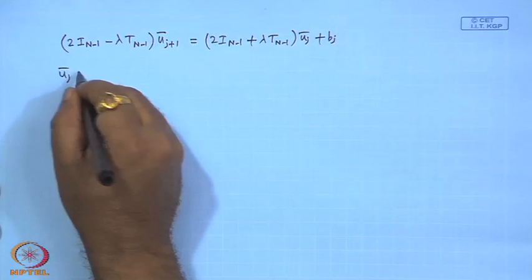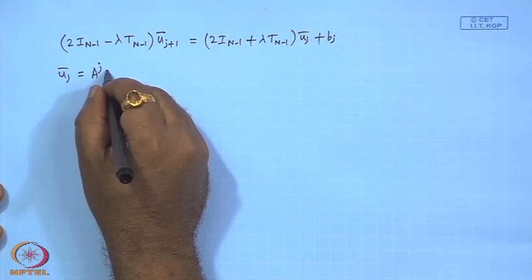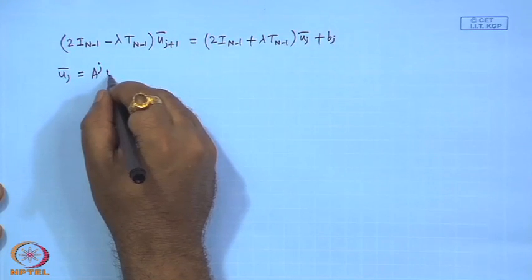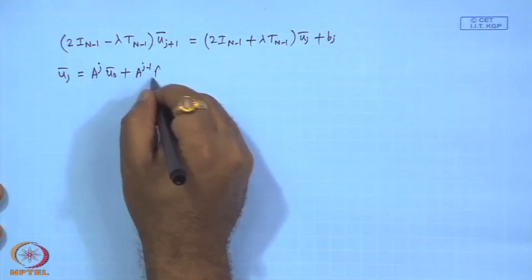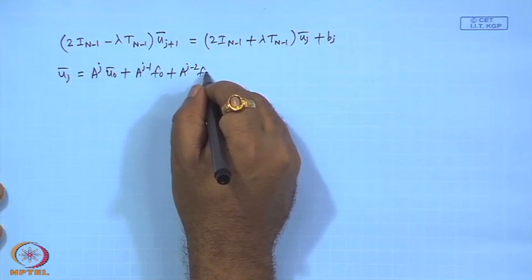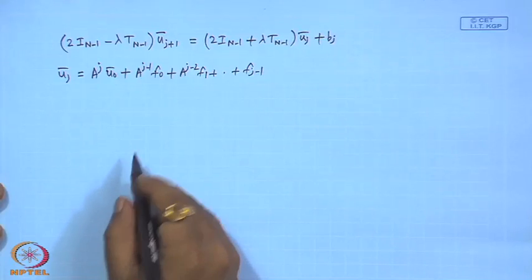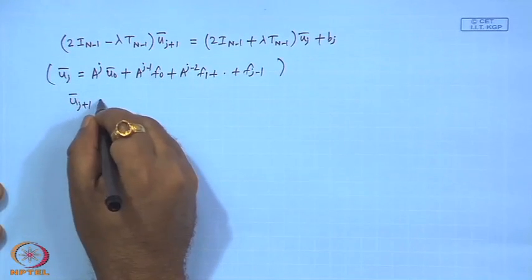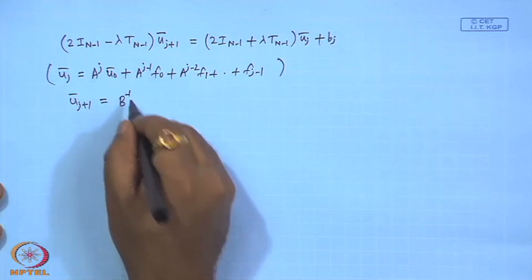Then u j is a u j, u 0, f 0, f 1, f j minus 1. How did we get this? So, this was our notation. So, that is what I suggested, to look for the other notation introduced earlier.